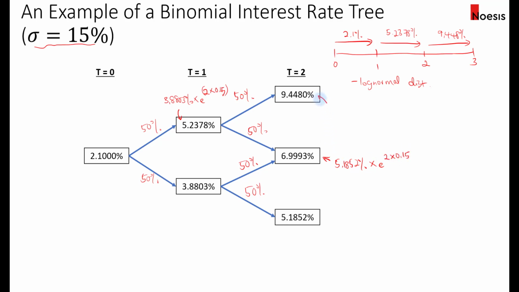And for the value in the high node, the HH node here, this will be 5.1852% times, if you are taking from the lowest node, there will be a gap of 4 there, so that's e to the power of 4 times the standard deviation. Or you can take 6.9993% times the exponential of 2 times 0.15, because this is also 2 standard deviations in distance.